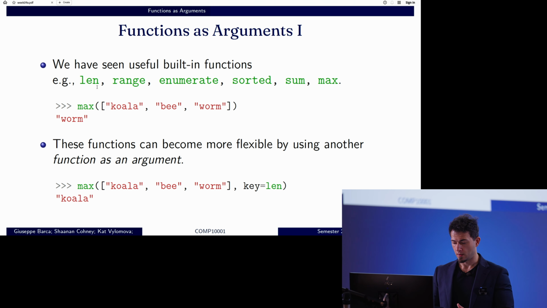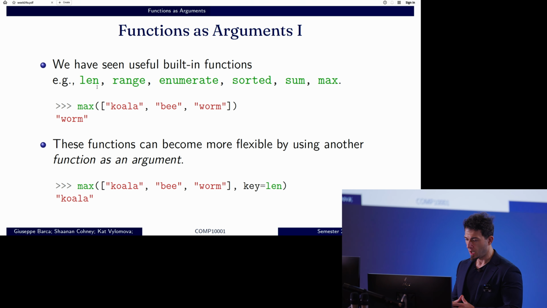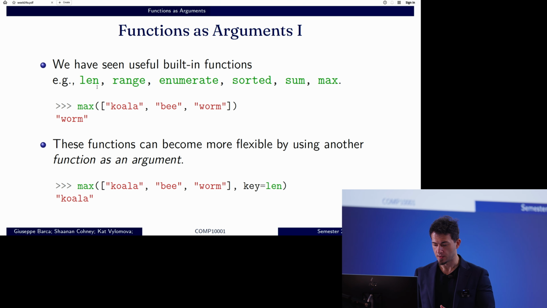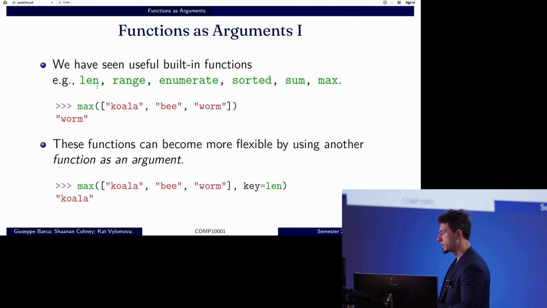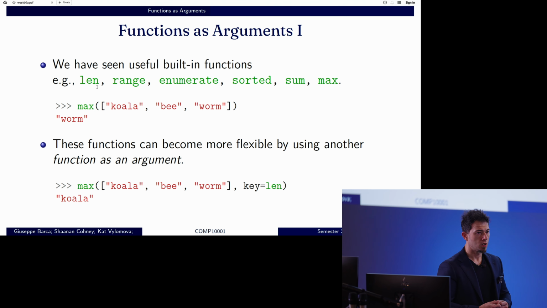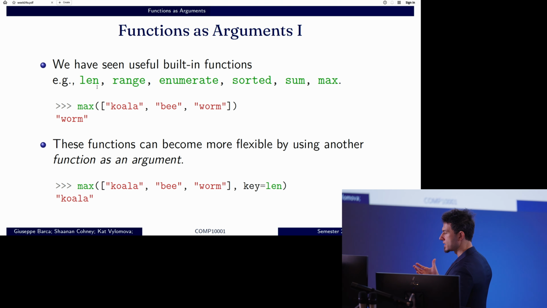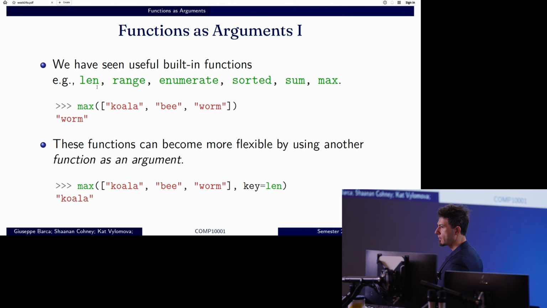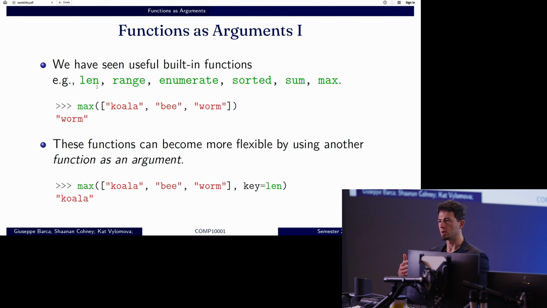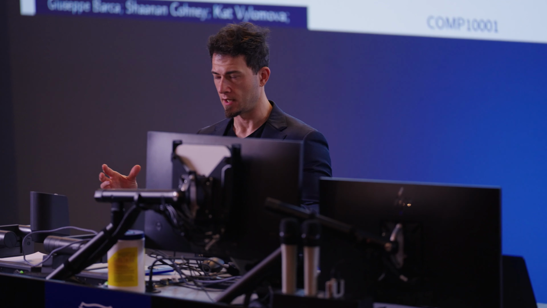And obviously these functions are extremely useful, but what is even more useful is that these functions can be manipulated to provide an additional function as an argument that modulates what the actual behavior of your function is.